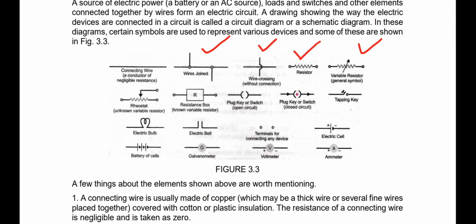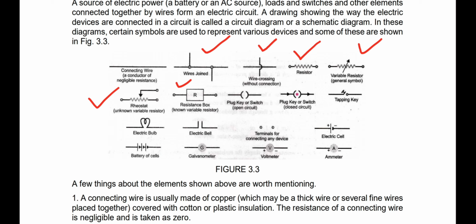Now, one more topic is the rheostat, a variable resistor. An arrowhead or a tapping on the resistance should be there, and it will be a rheostat. Then a symbol like this is a resistance box.